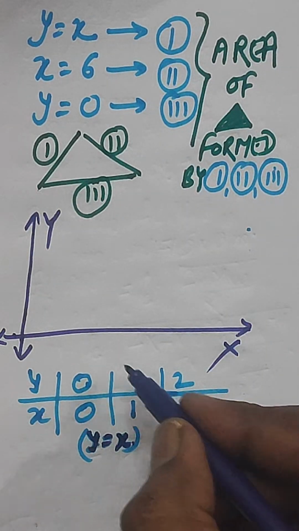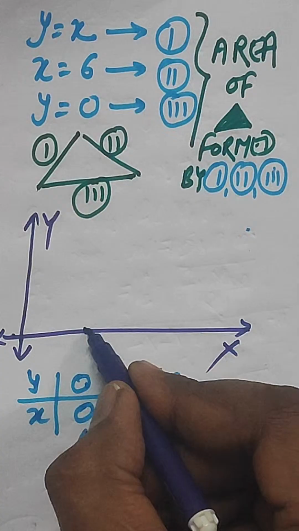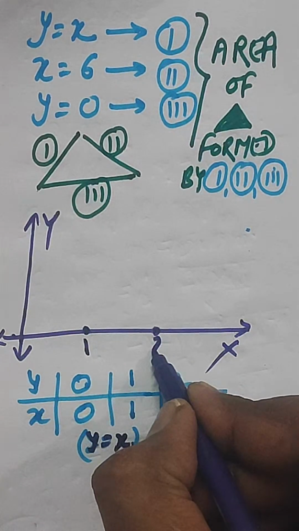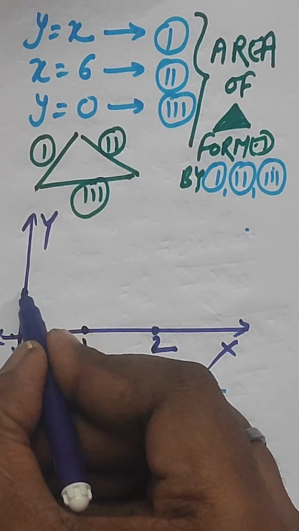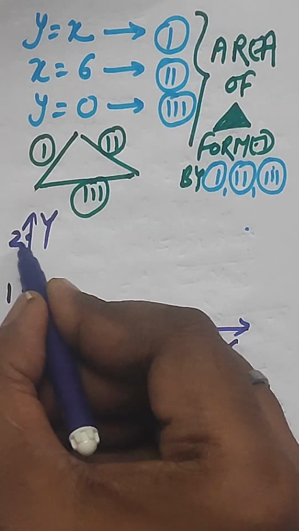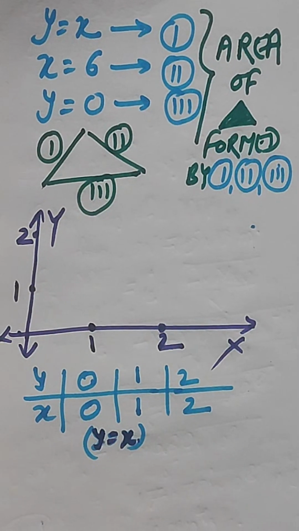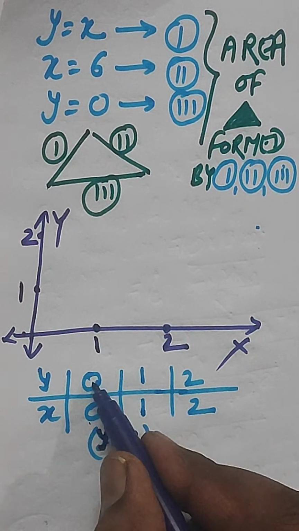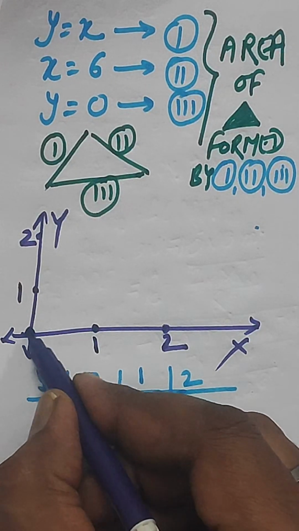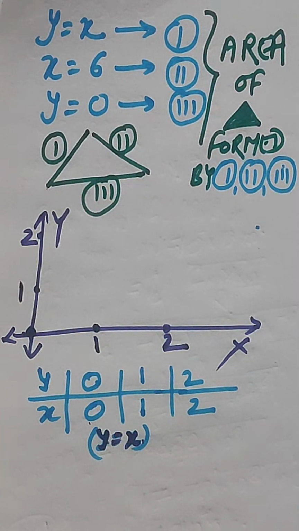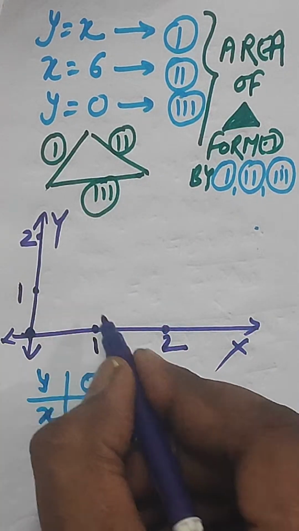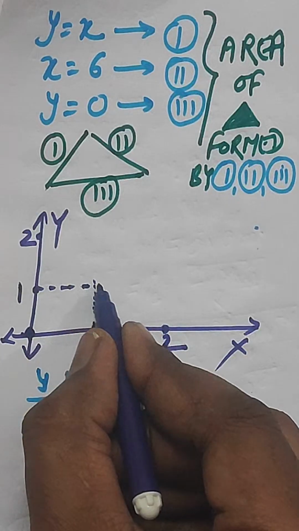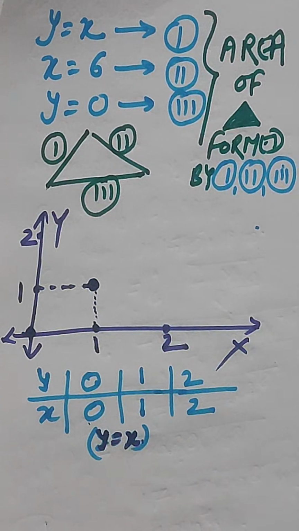So that means if these are the points, let us say this is 1, this is 2. Similarly here also it's 1, 2 on the y-axis, right? Then what we will do, you can see, just see the different values. For 0, 0 this will be the point, right? For 1, 1, this is for 1, they're intersecting over here at this point.